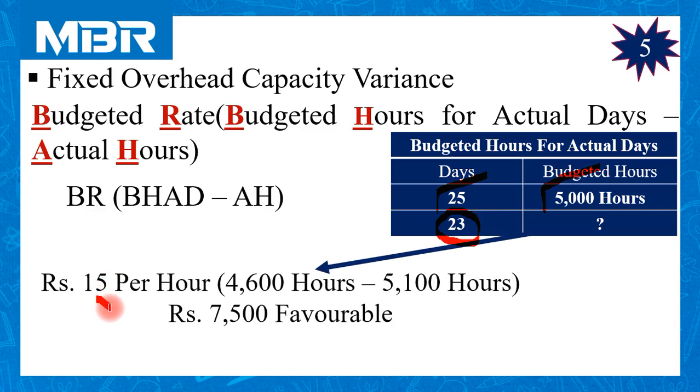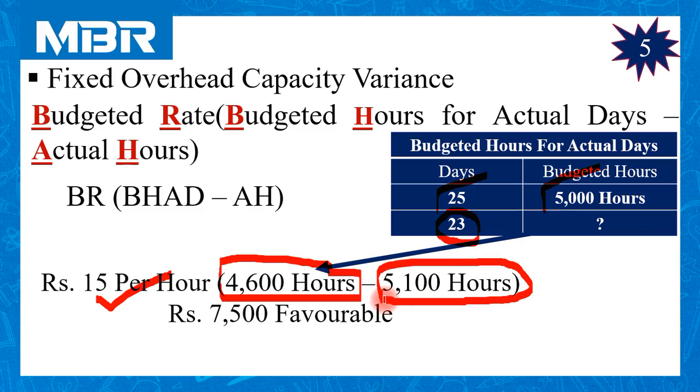Budgeted rate rupees 15 per hour. Budgeted hours for actual days 4600 hours only, while your actual working hours are 5100. It means you can have 4600 hours of work in 23 days only.